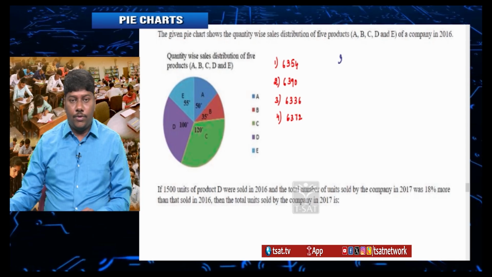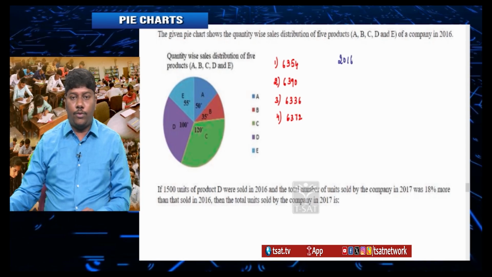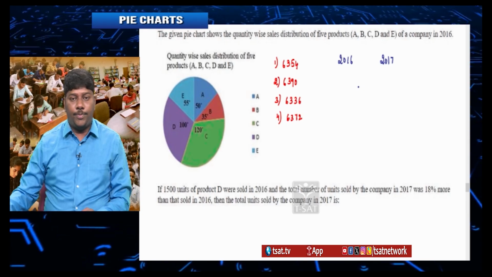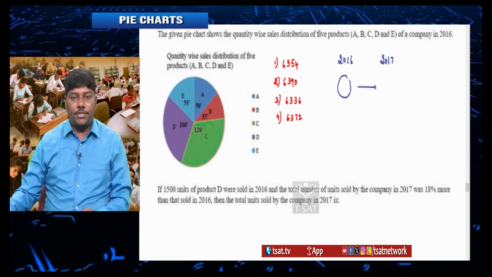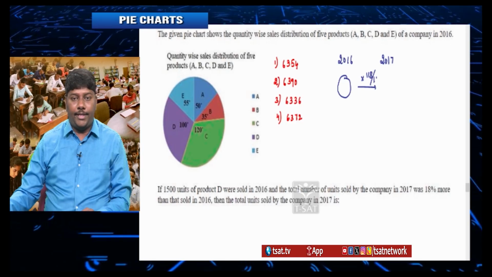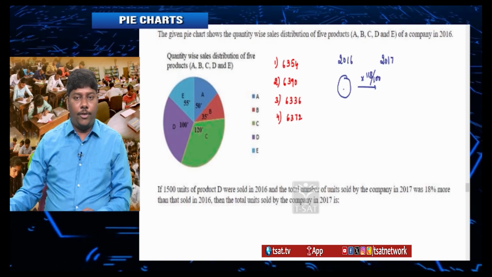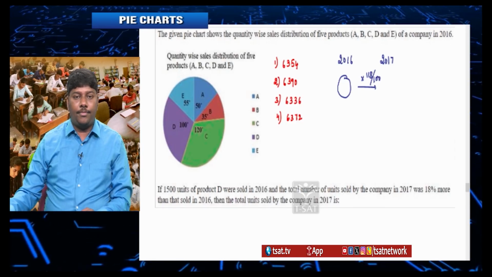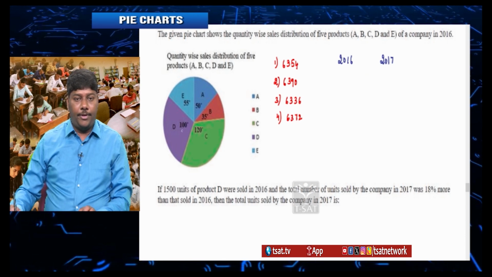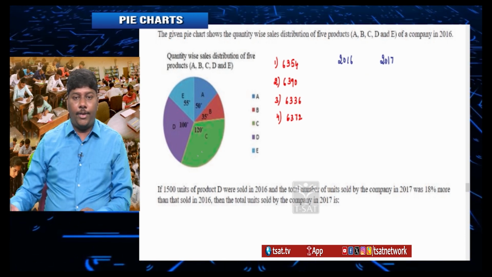So see here, 2016 when you compare it with 2017, 2017 is 18% more, which means find out the total in 2016, multiply it by 118 by 100 so that you get the answer. Now how do I find out the total in 2016? That is simple. 100 degrees is how much? 100 degrees is given as 1500.